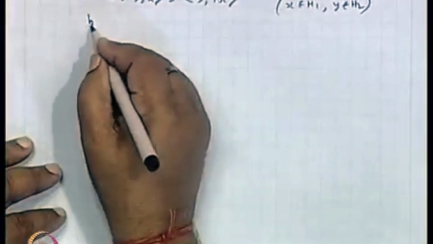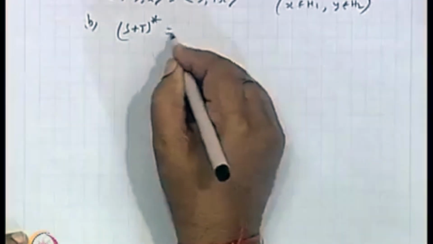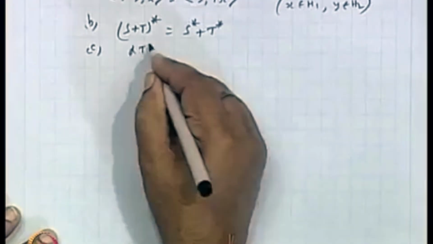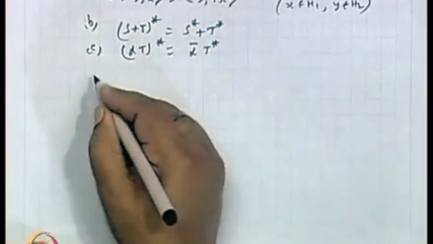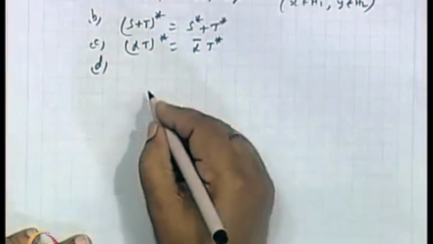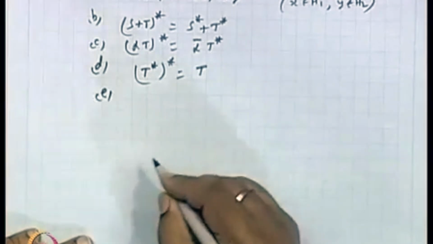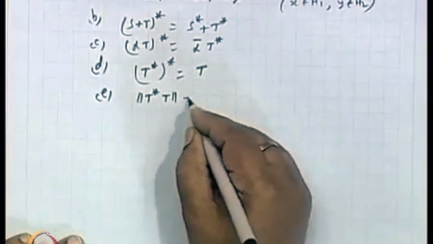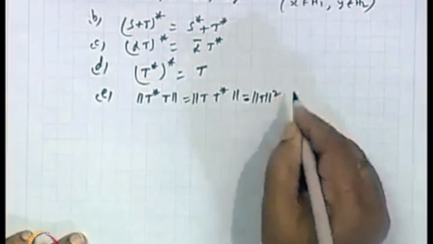Okay. Second, S plus T star is S star plus T star, both are bounded. Then third, alpha T star is the conjugate of alpha times T star. Fourth, T star star is T. Fifth, the norm of T star T is the same as the norm of T star T, which is the same as the norm of T square.